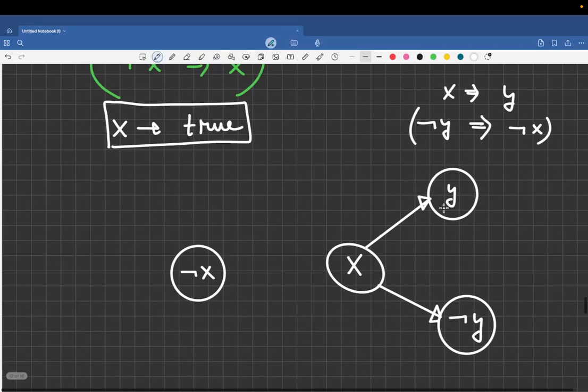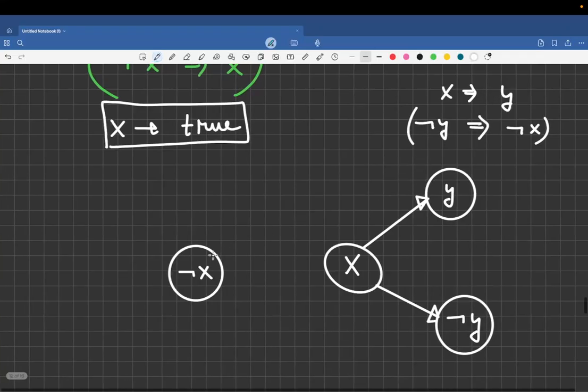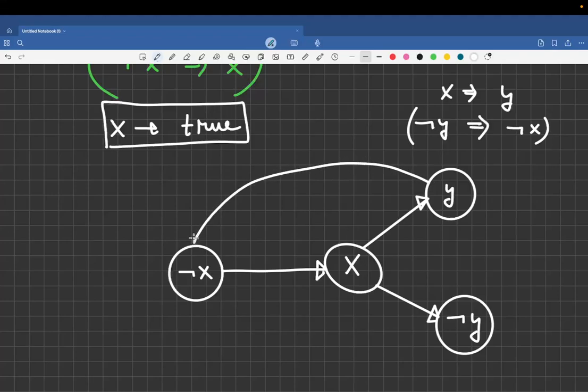So in this case we will have an edge from y to not x, and we will have an edge from not y to not x.